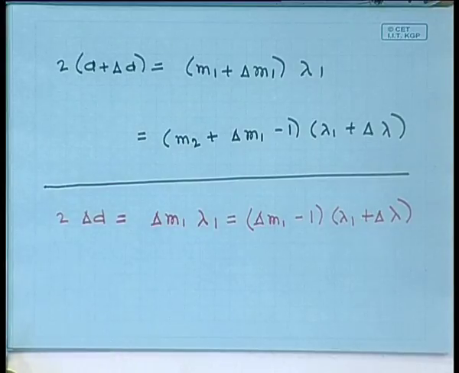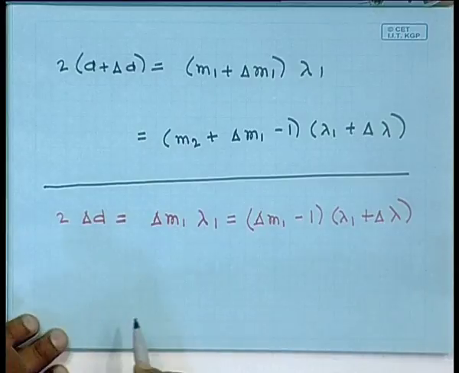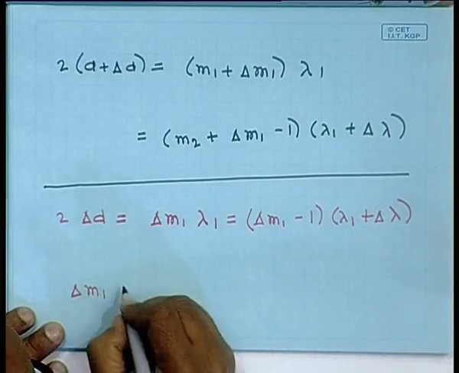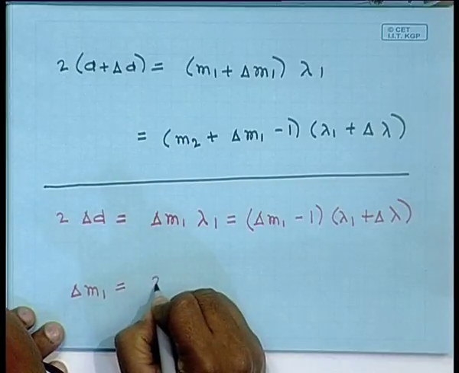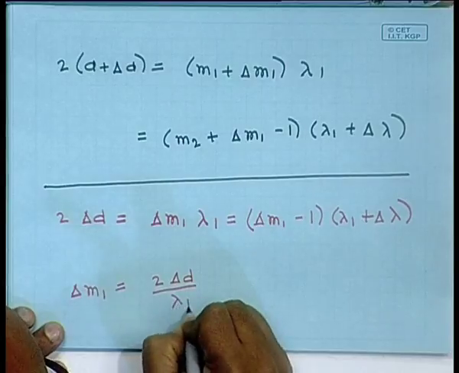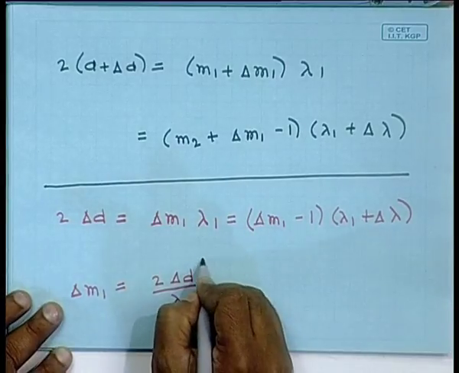So, let us now see what are the consequences of this. The first consequence is that delta m1 is equal to 2 delta d by lambda 1, which we have already worked out earlier.